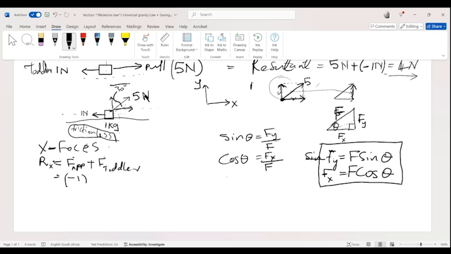If we choose that direction as positive, the x component of the applied force will be 5 times cos of 30 degrees, then plus the toddler's force, which is a -1.